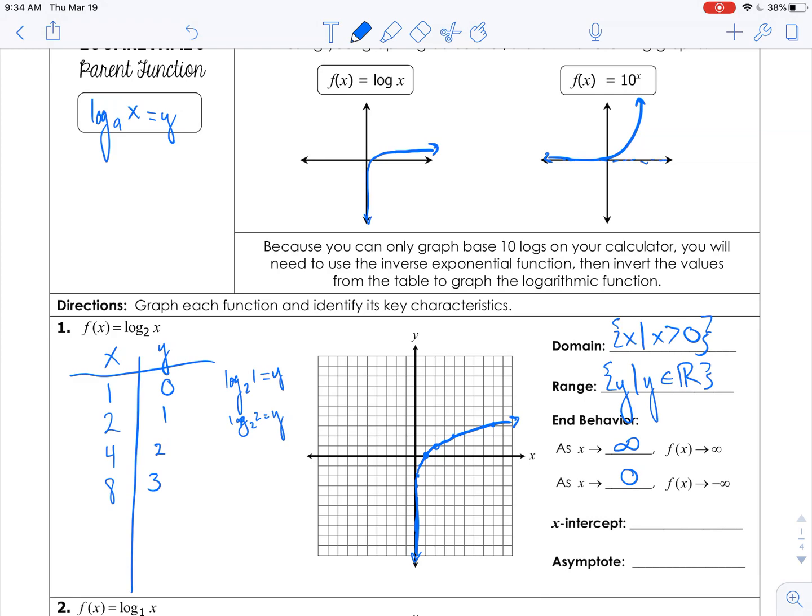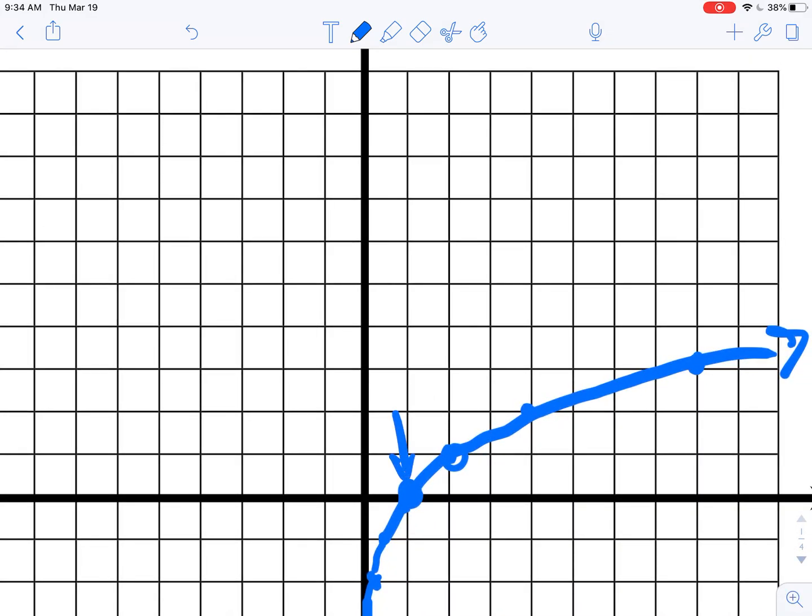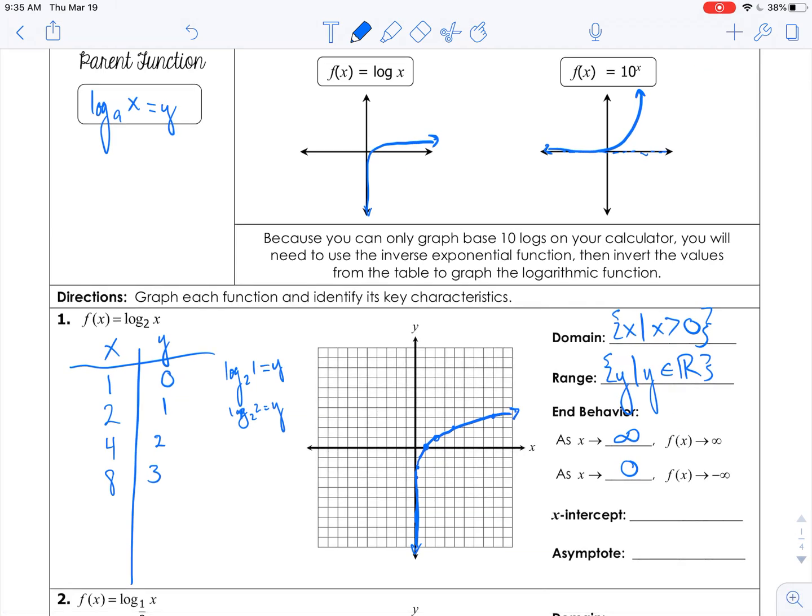What's my x-intercept? Where am I crossing the x-axis? So where is my y value 0? Here. I'm crossing the x-axis here at (1, 0).